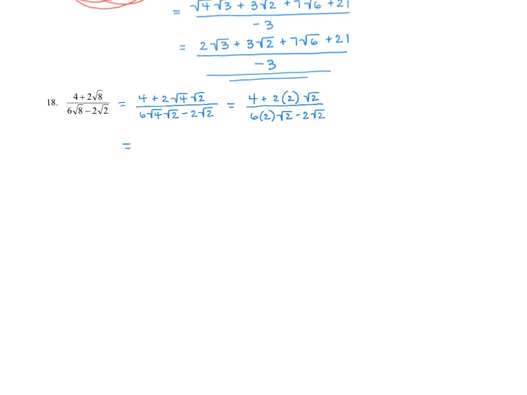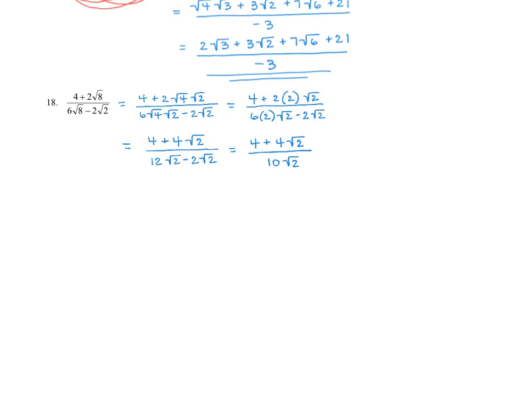So the numerator becomes 4 plus 4 rad 2, and the denominator becomes 12 rad 2 minus 2 rad 2. We can simplify the denominator further, so we'll keep the numerator as 4 plus 4 rad 2, and the denominator will become 10 rad 2.